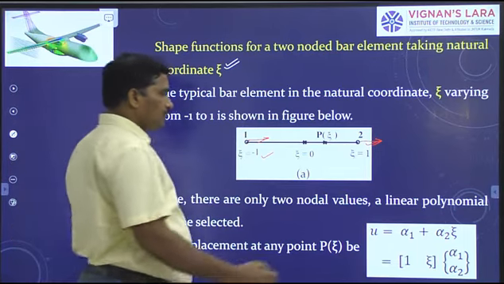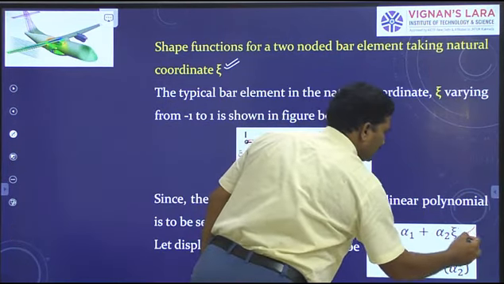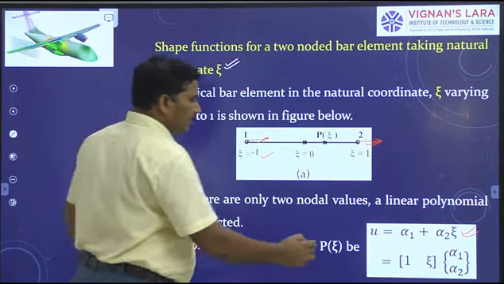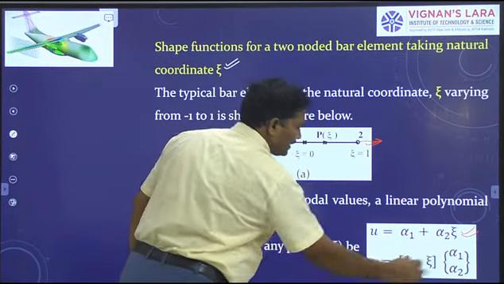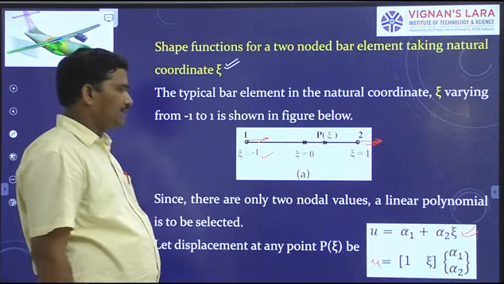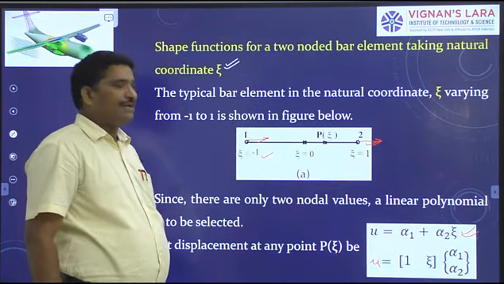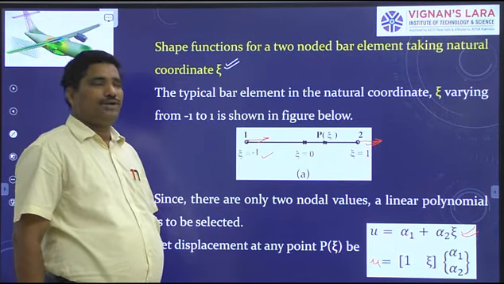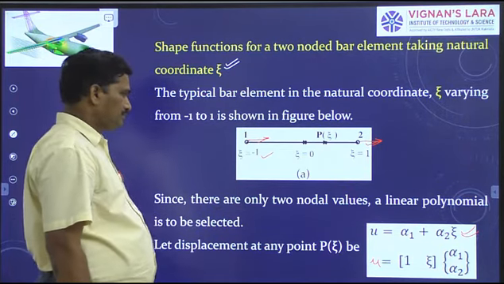Okay. Now this equation is expressed like this in matrix form. How? u equals a row matrix having elements 1 and ξ into a column matrix having the elements alpha 1 and alpha 2. Okay?